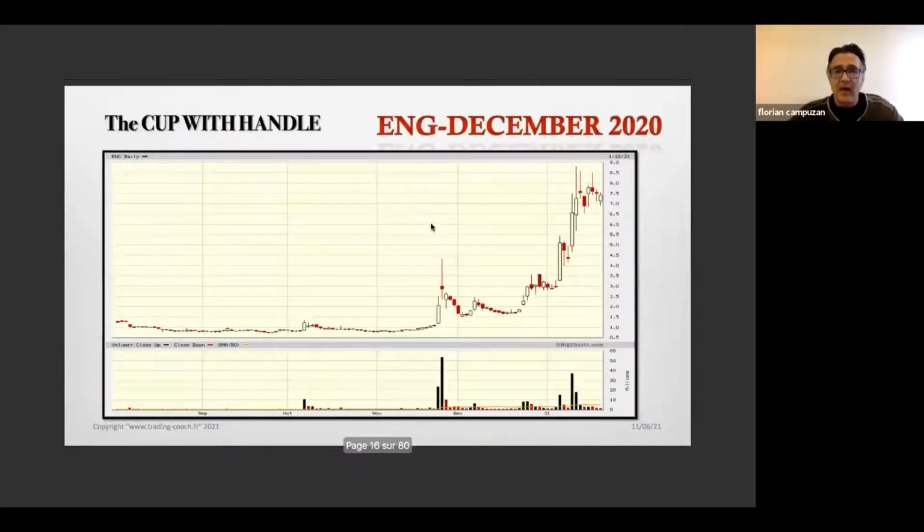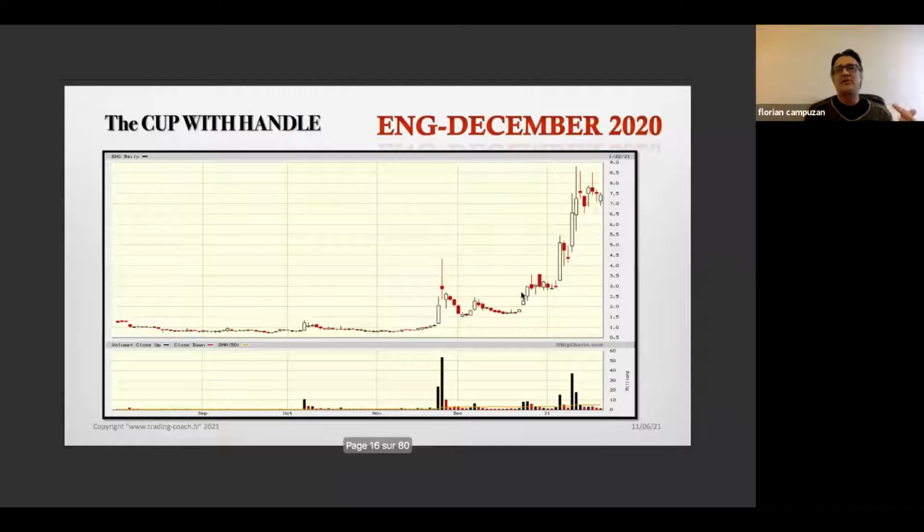Here is another example of a trade. It's always the same thing, but here it's again the cup with handle. But I don't really like technical analysis. I like to see a story told by the price, because if you are too demanding on the quality of your setups, you will miss many trades.